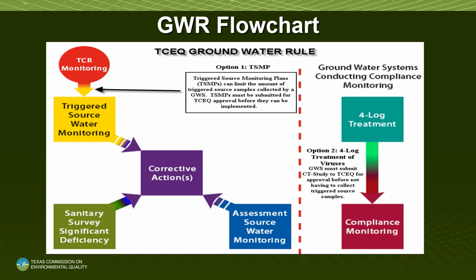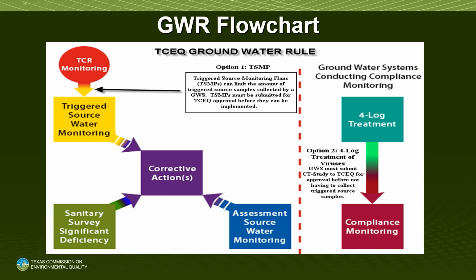This is a flow chart that I use in a lot of my presentations, and I just like it because it shows the whole program on one page, and you can see everything. Starting on the left, the trigger source water monitoring, and then assessment source water monitoring and sanitary survey all can lead to corrective action if you have any issues with those.